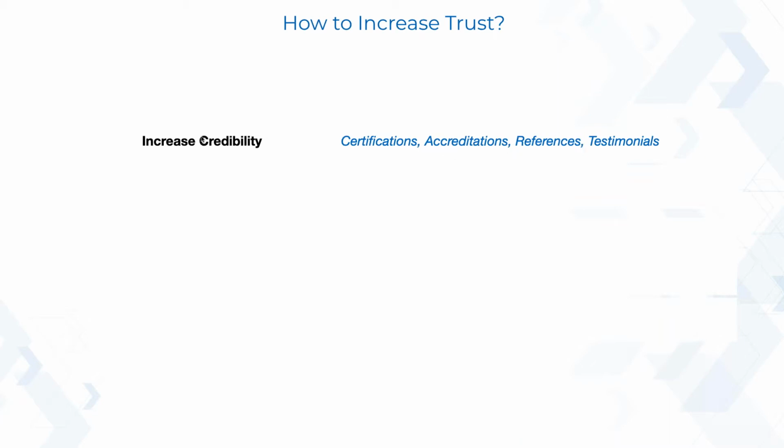The more that you have, the more your credibility will go up. Reliability, increased reliability. So how do I increase my responsiveness, my timeliness, my consistency, and my quality? And again, it's going back to, how do you define reliability, and measuring it and improving it?